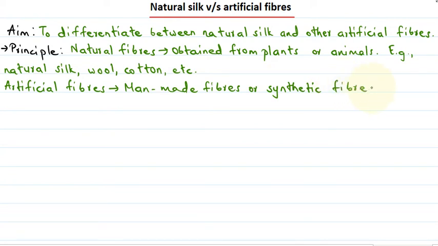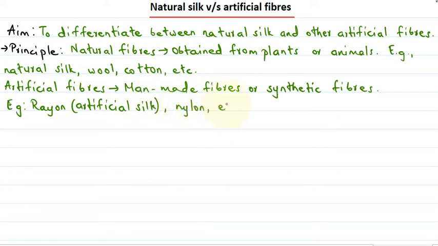So they are not obtained naturally, but they are artificially created by man. For example, rayon, which is also known as artificial silk. So there is rayon, nylon, etc. These are the examples of artificial fiber.